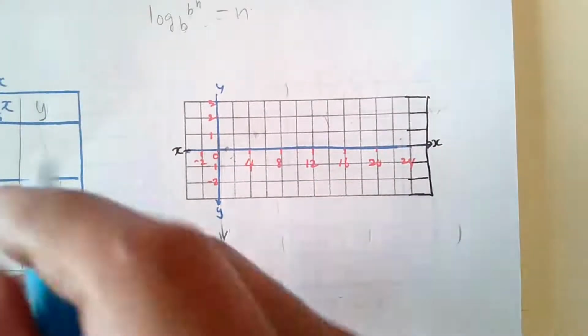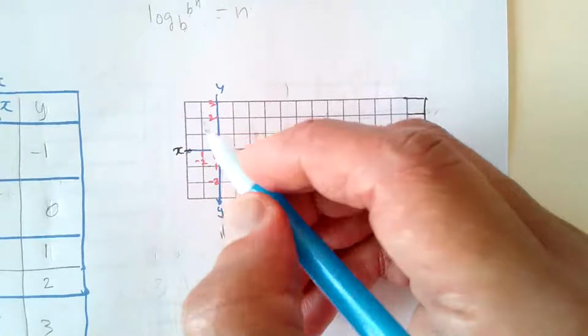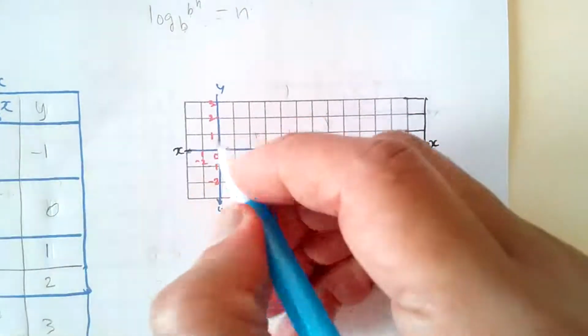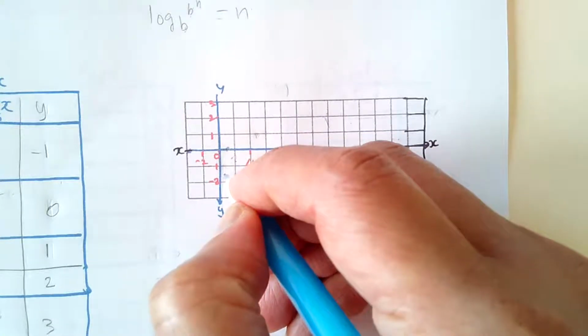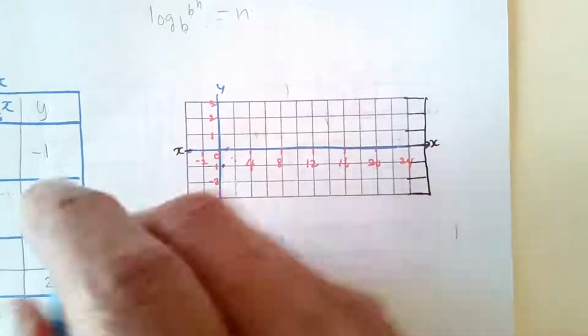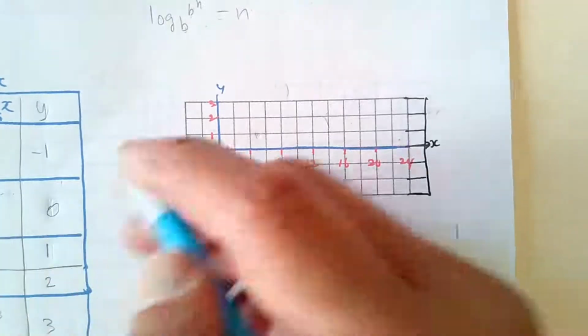Now I'll graph my points, my coordinates. I have x is 1/5, about here, y is negative 1. x is 1, y is 0.